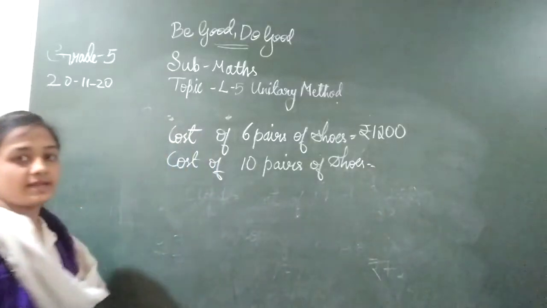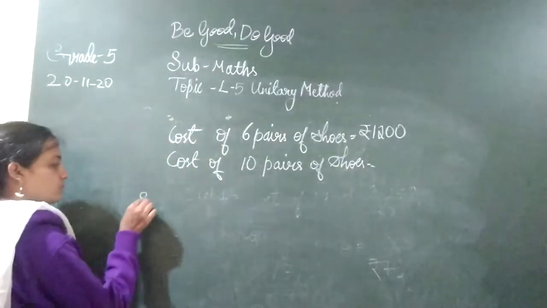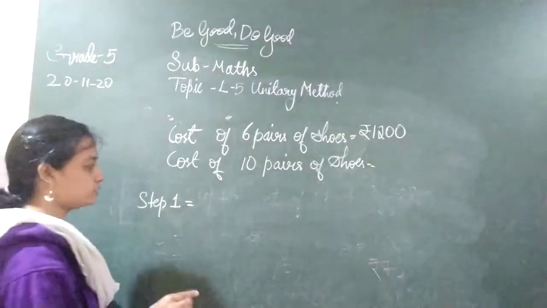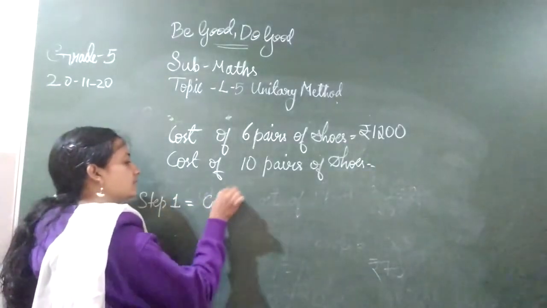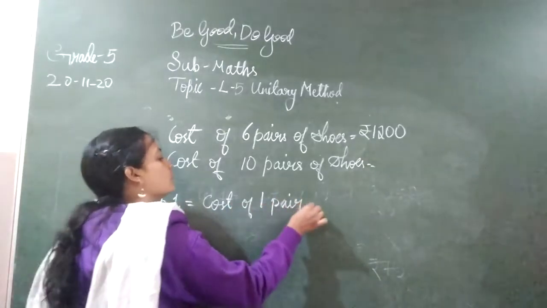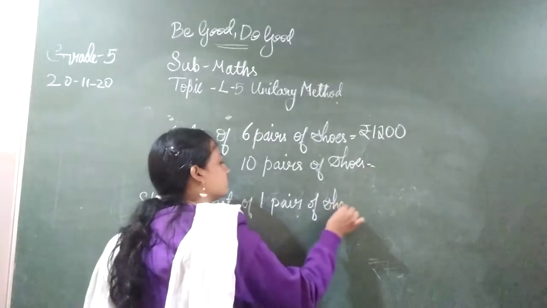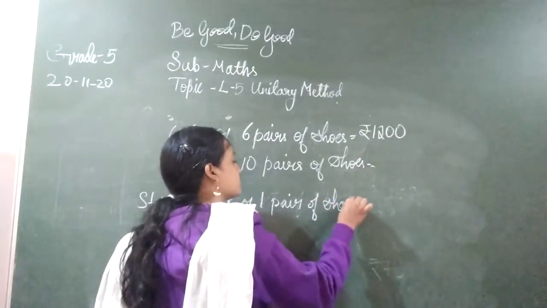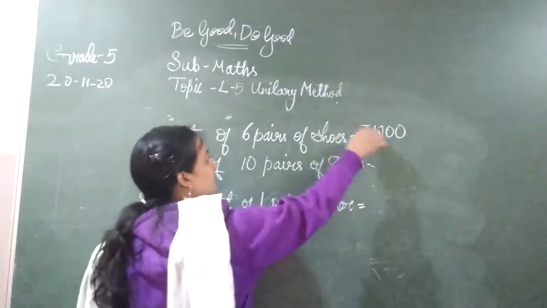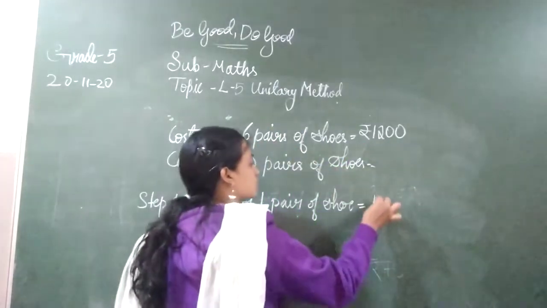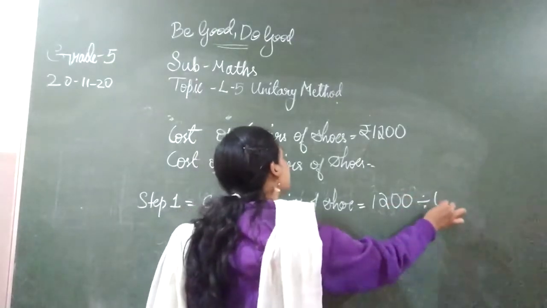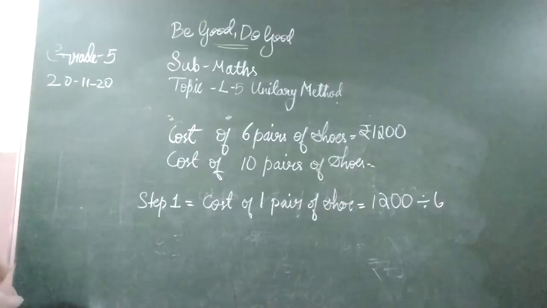So what is the first step we follow? Step 1. We have to find the cost of one pair of shoes. So how to find this answer, children? We divide the cost by the number of pairs. So 1200 divided by 6. Children, do the division. What do you get as the answer?